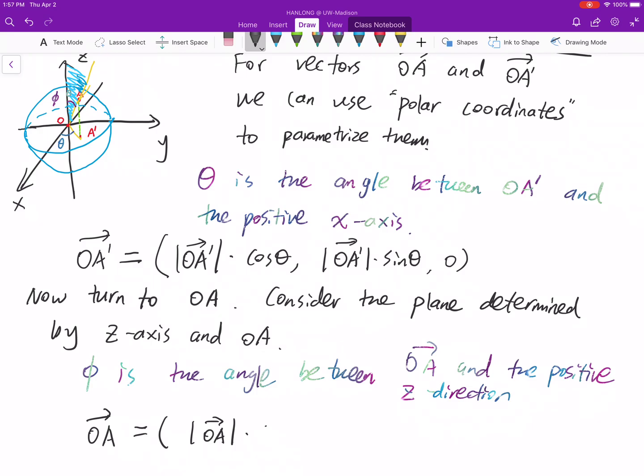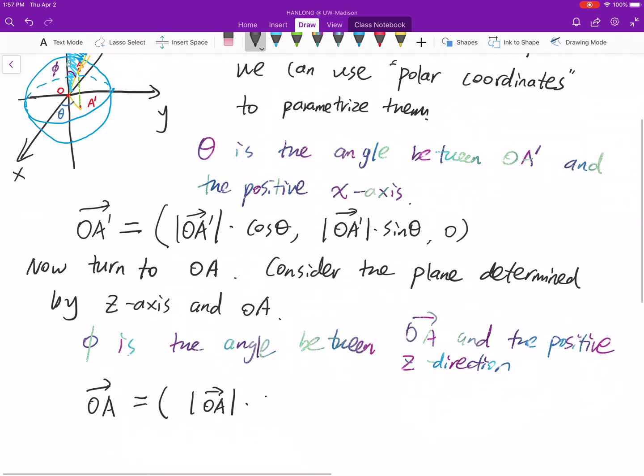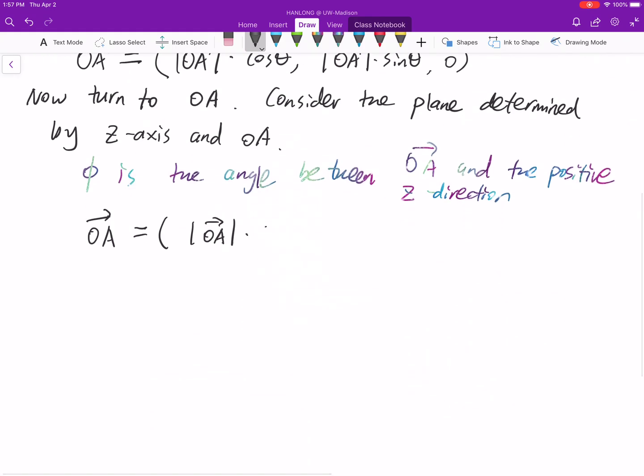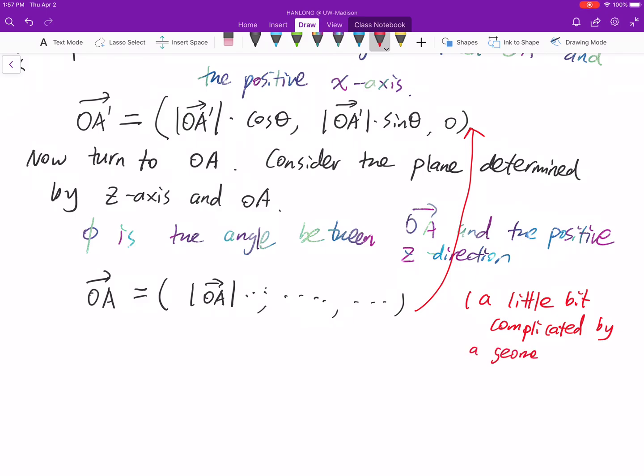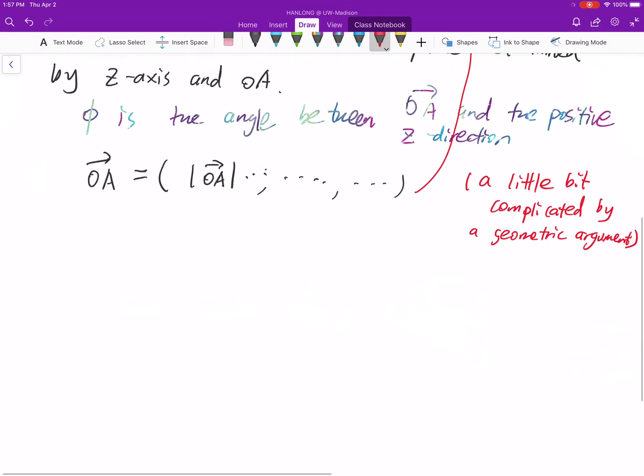So instead of just writing this down, we set up some equations, because this way you can derive it in a similar way to this, but a little bit complicated by a geometric argument. Whenever you have difficulty in using geometry, you turn back to the equation.